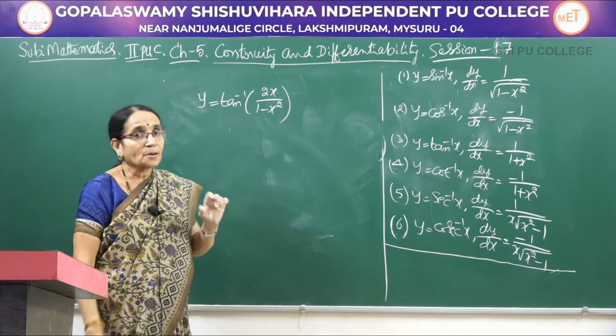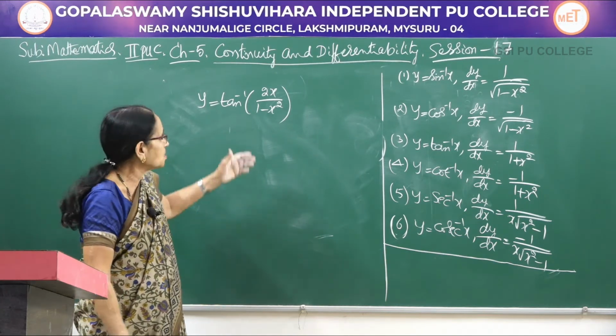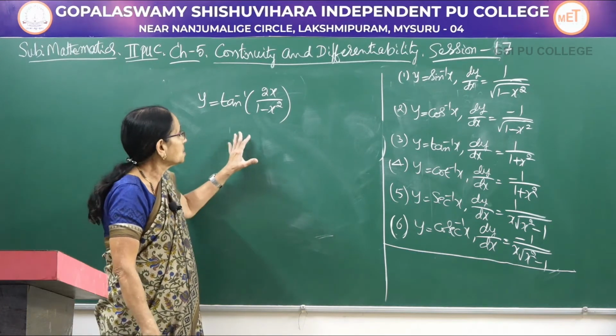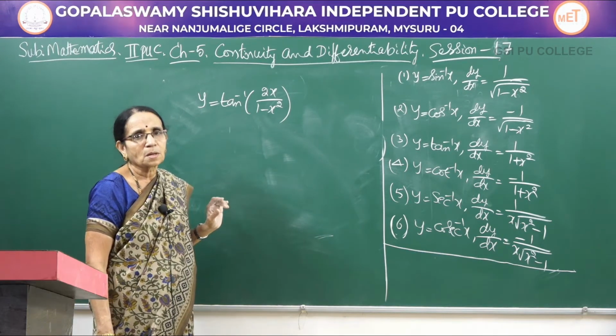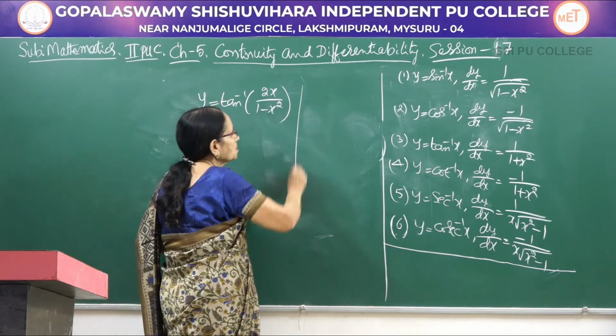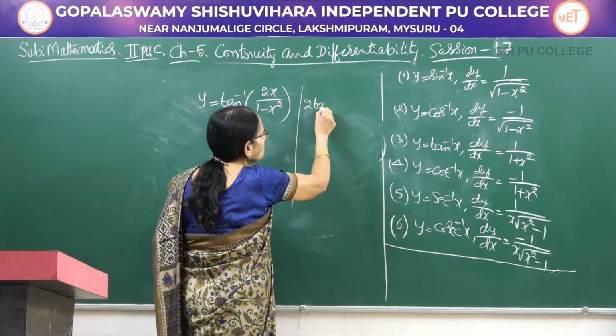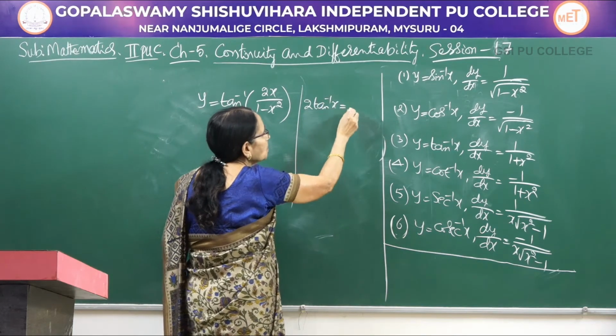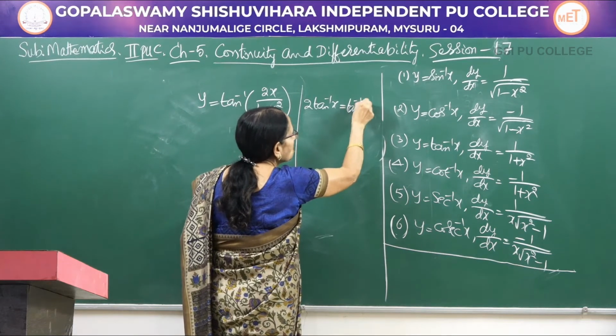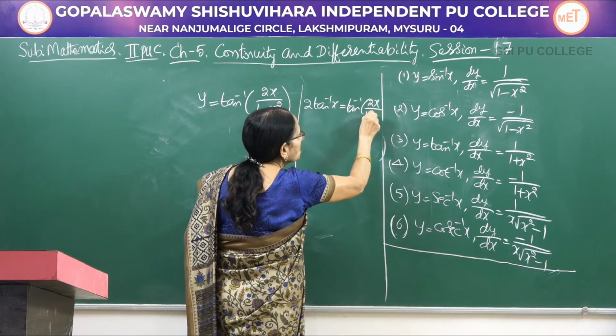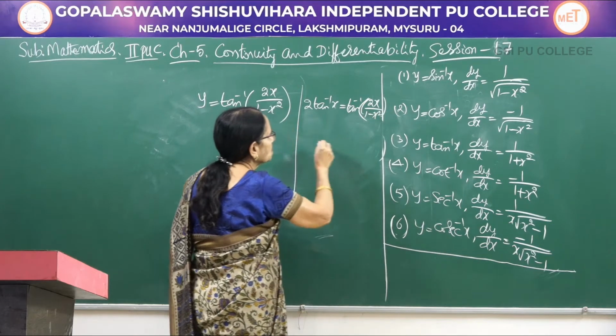Now, I think in the last set of properties, I myself had proved these results. 3 results I had given. See, these are the 3 results. 2 tan inverse x equals tan inverse of 2x over 1 minus x square.